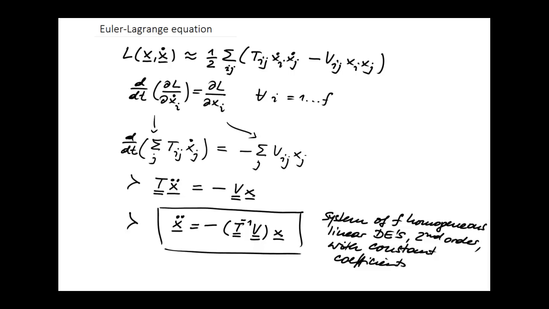To this end, I would like to introduce a new kind of scalar product, which is different from the scalar product that we have used so far, for example, to express the Lagrange function in a compact way without writing coefficients. Let's take two arbitrary vectors A and B in f-dimensional configuration space.